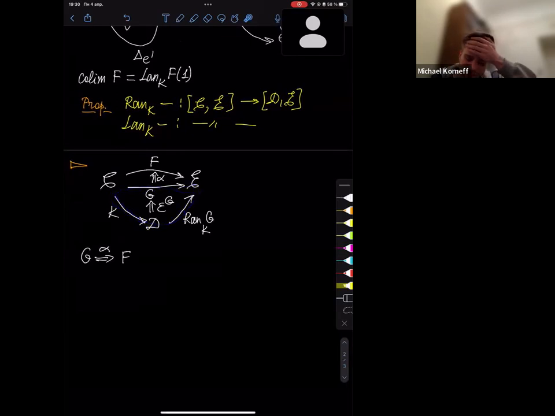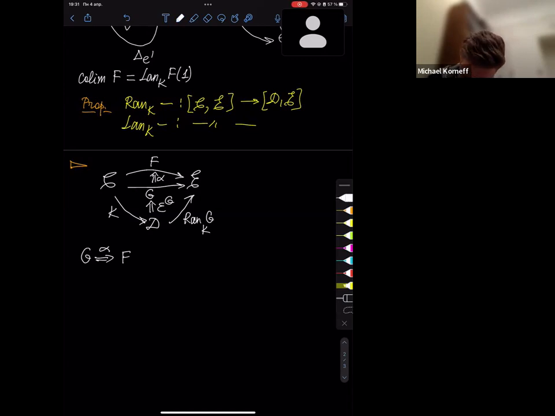We can consider this functor, and we may consider right Kan extension of this functor along K, and epsilon is a natural transformation by default from the definition of right Kan extension. Okay, and then this diagram is the same as this one.